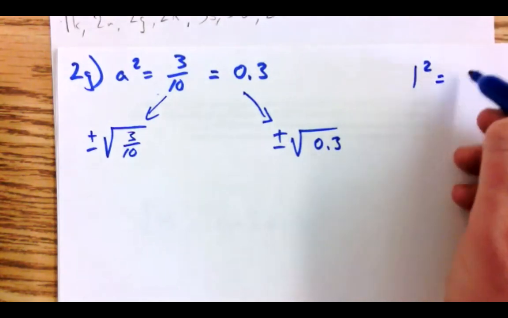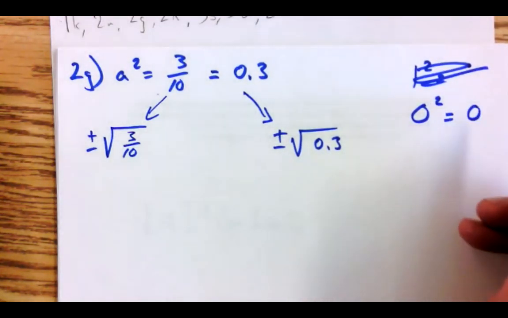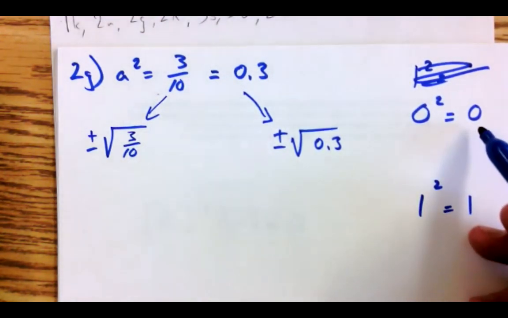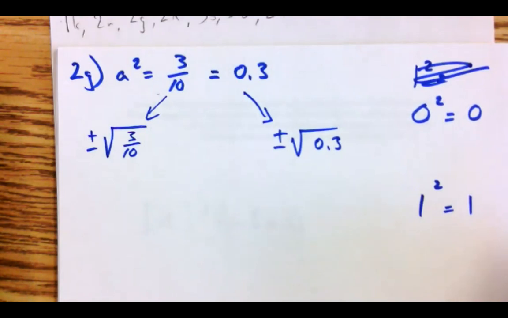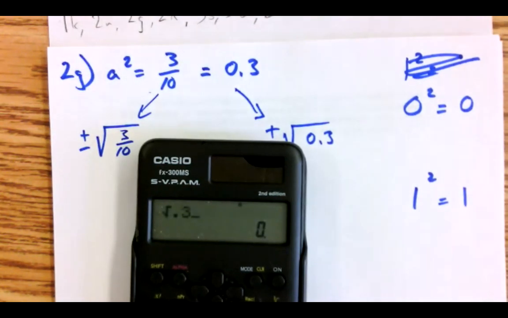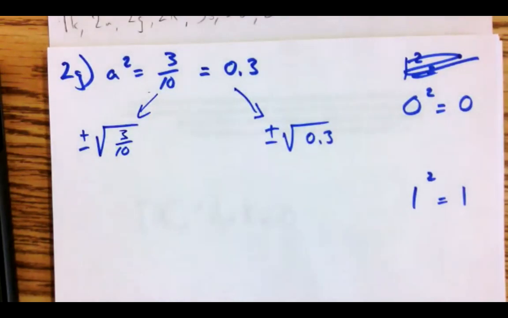Because 0 squared equals 0, 1 squared equals 1, so we're closer to the 0 here. Decimals are kind of weird. The root of 0.3 is 0.54.